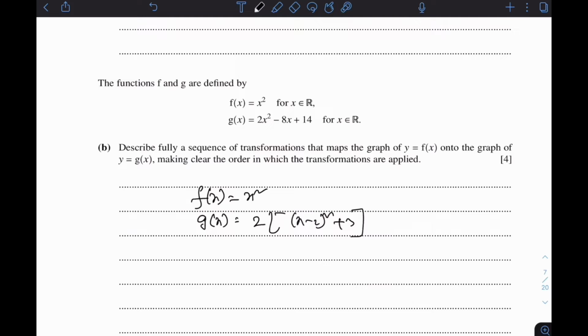If we see f(x plus a), this is a horizontal translation, that is (minus a, 0), and this is f(x) plus b, this indicates a vertical translation.